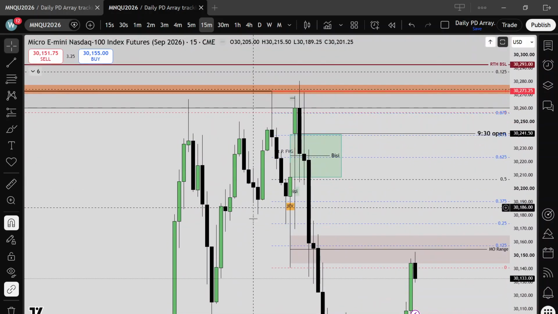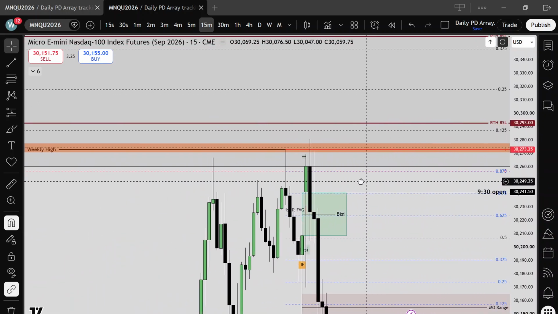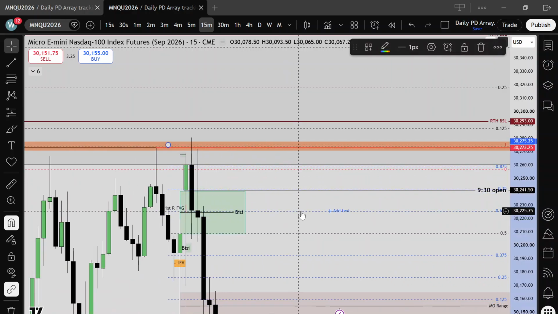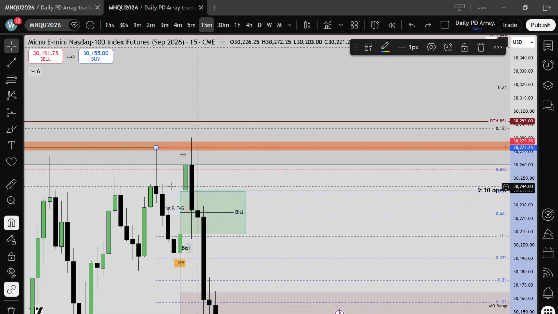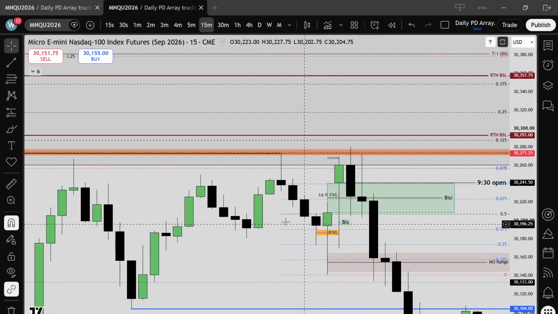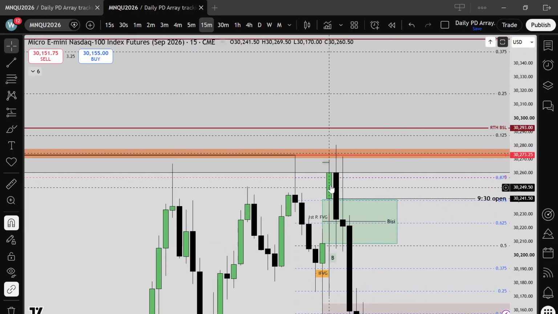So on the 15-minute chart, when we have our first 15-minute candle that opens and wicks up, it does not take out our buy side yet, where we have our fib anchored to.